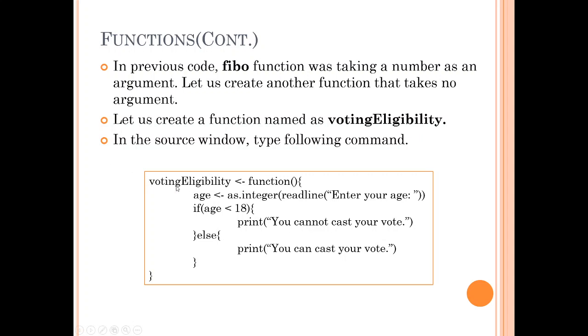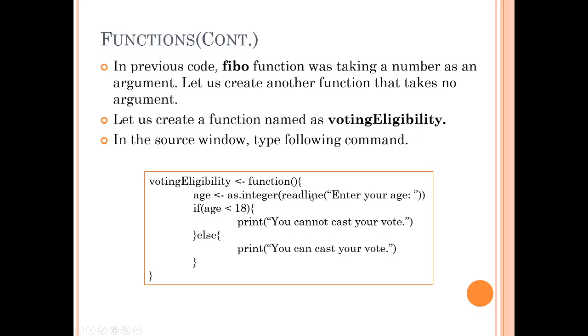So let us create a function with the name voting eligibility, and as we just saw, we have to call the built-in function, function, but now you can see here it is not taking any argument, so it is a function without any argument. The body of the function says that we have to declare a variable age, and now here we'll be taking values from the user.